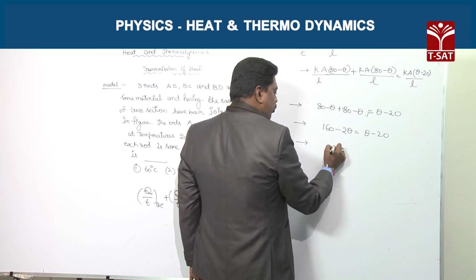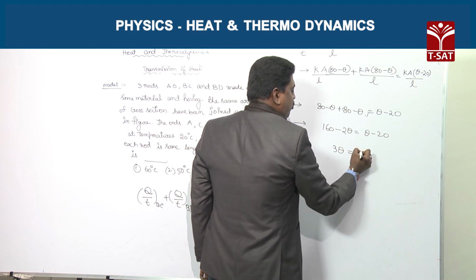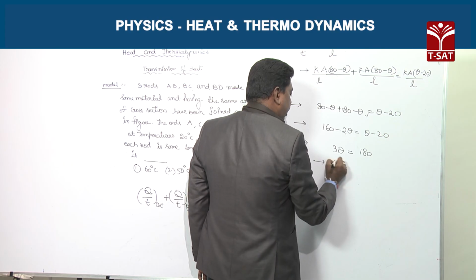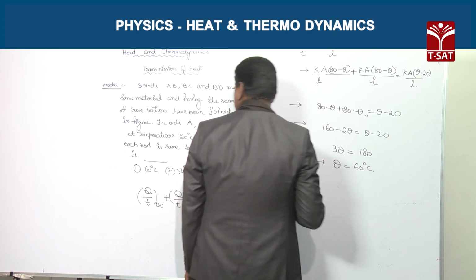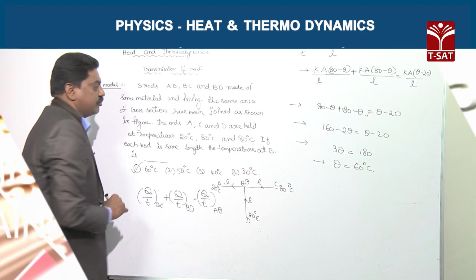So 3 theta equals 180 and theta equals 60 degrees Celsius, which is option 1.